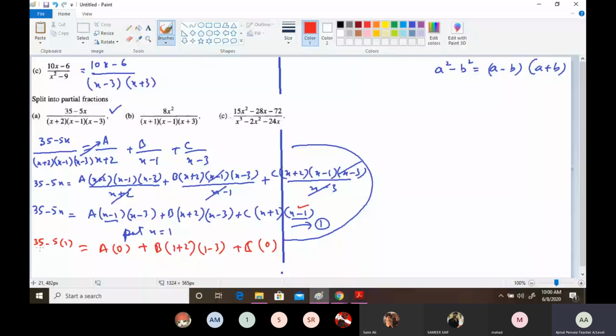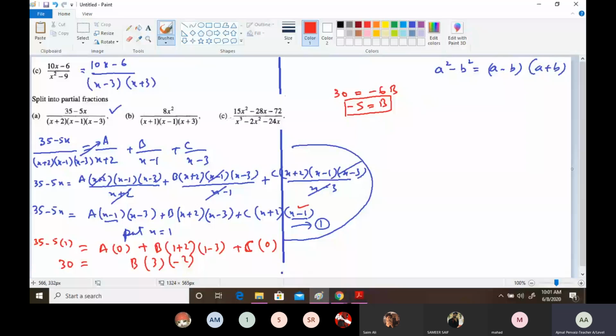So we will have 35 minus 5, which is 30, equals b times 3 and minus 2. So 30 is equal to minus 6b. So b is equal to minus 5. Is it okay, Mahad? Yes sir, it's easy.